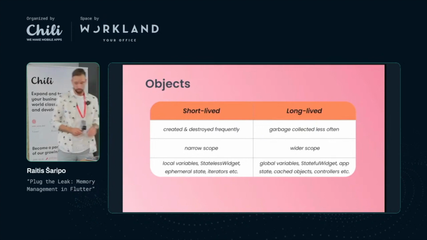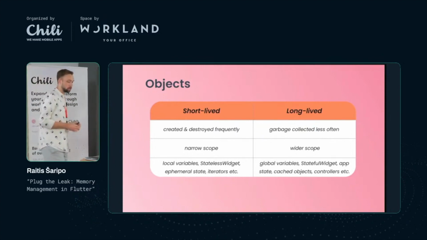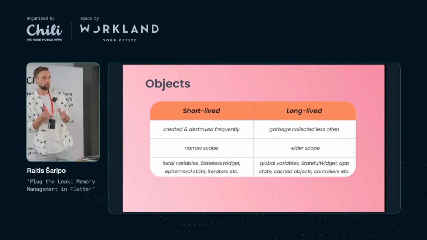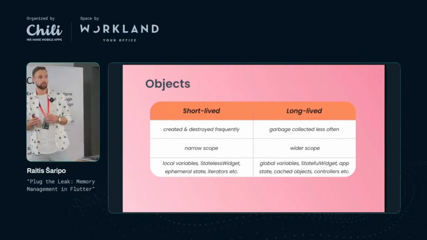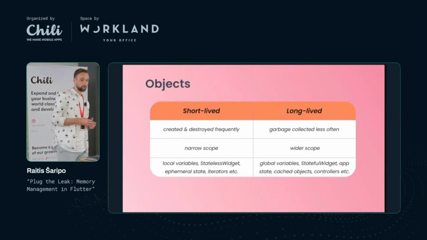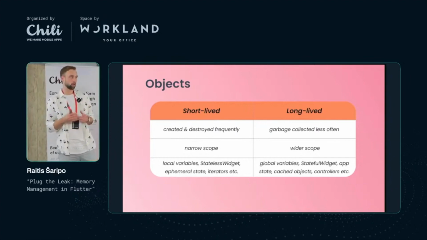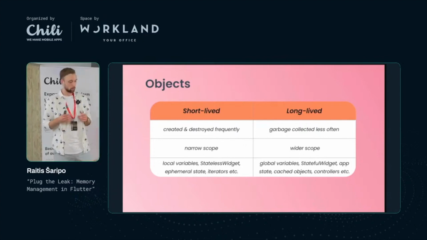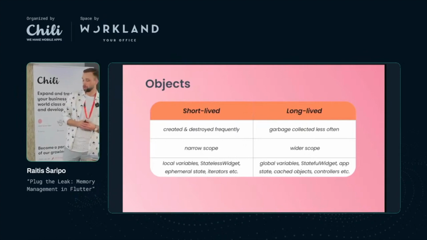So we can divide objects into two categories based on their lifespan within the app. There are short-lived objects and long-lived objects. Short-lived objects are created and destroyed frequently, and they can be anything from local variables that are defined within the scope of the functions, also UI state, iterators, and so on.